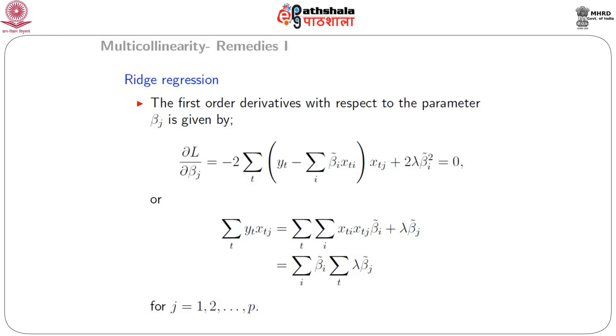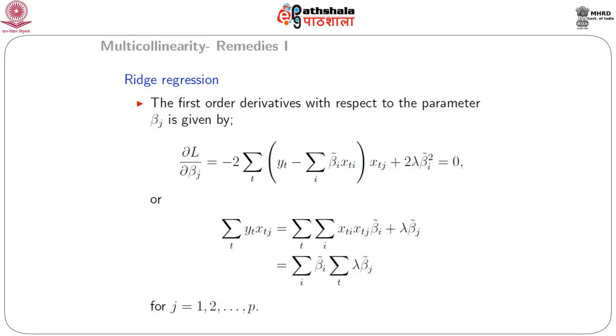So we have summation t y t times x t j equals summation t summation i x t i x t j beta i tilde plus lambda times beta j tilde, and the summation can be separated and written as summation t y t times x t j equals summation i beta i tilde times summation t x t i x t j, plus lambda times beta j tilde, for all j equals 1, 2 to p.